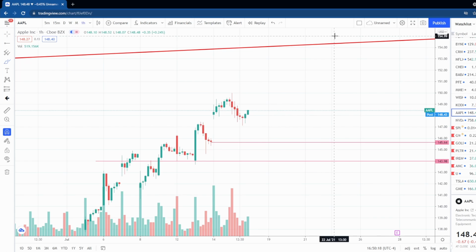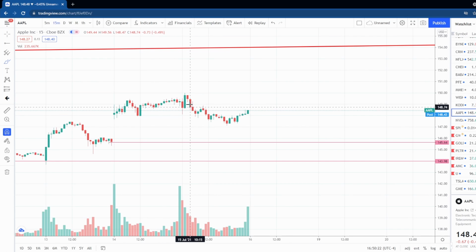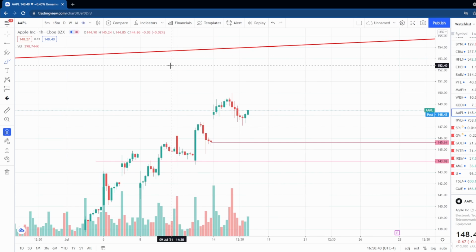But just to give you a specific entry, where we got in today was 148. I think 148.70. I think 148.50 or 148.60 is where we got in. I think it's in the spreadsheet. And then we had an up move, and I typically don't get out of a trade on a specific stop loss. I use the 1 hour candle to help me decide if I should exit a trade.